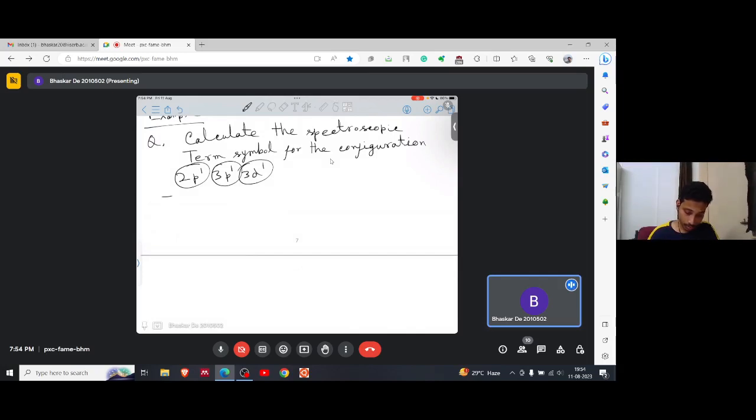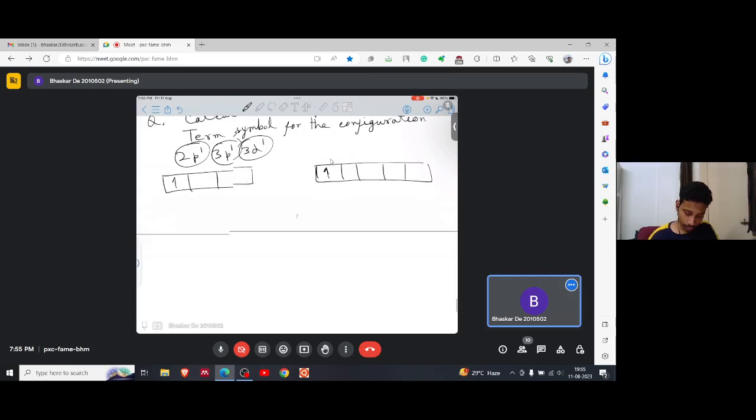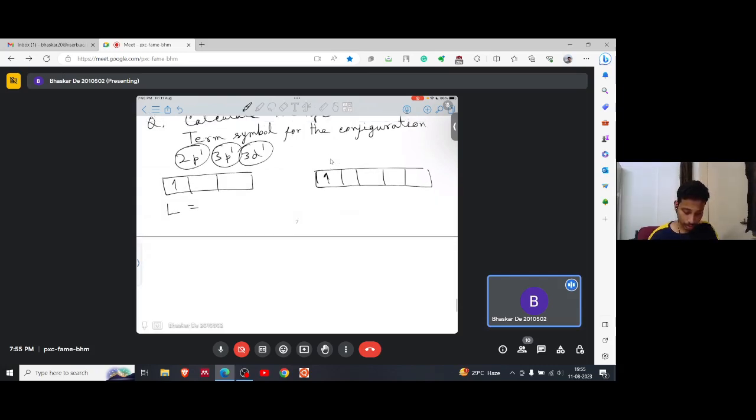Now for p, what we know is that there are 3 boxes, and for d, okay, so for p, L equals 1.